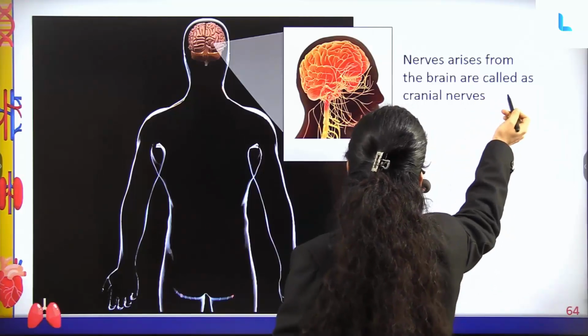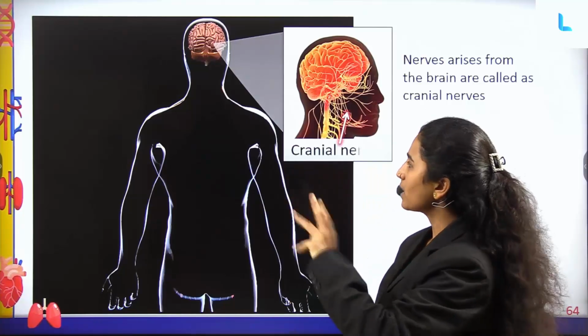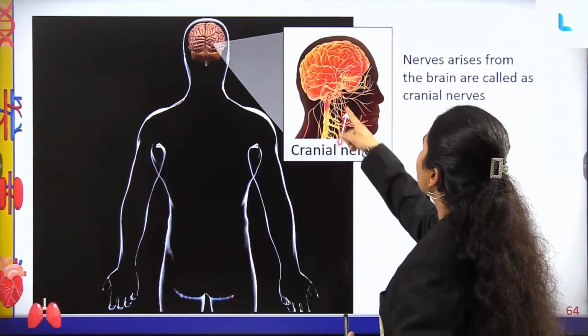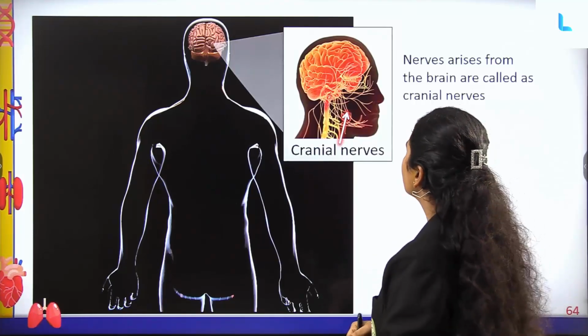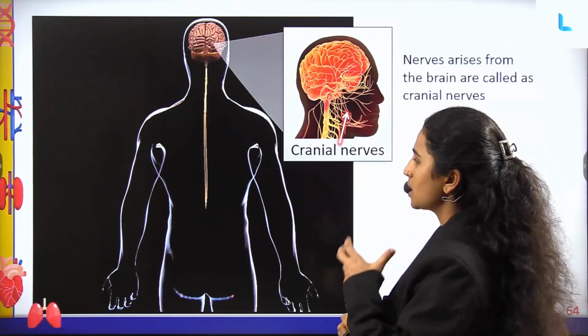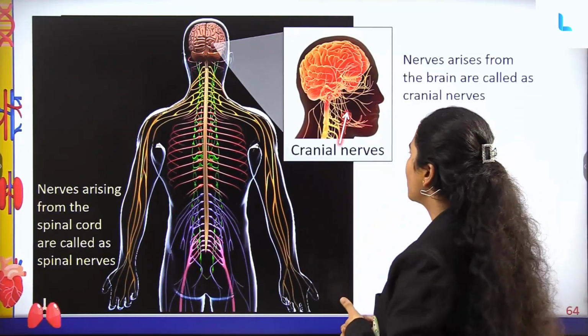Nerves that arise from the brain are called the cranial nerves. These small thread-like structures are the cranial nerves, such as those for chewing and those present on our face.